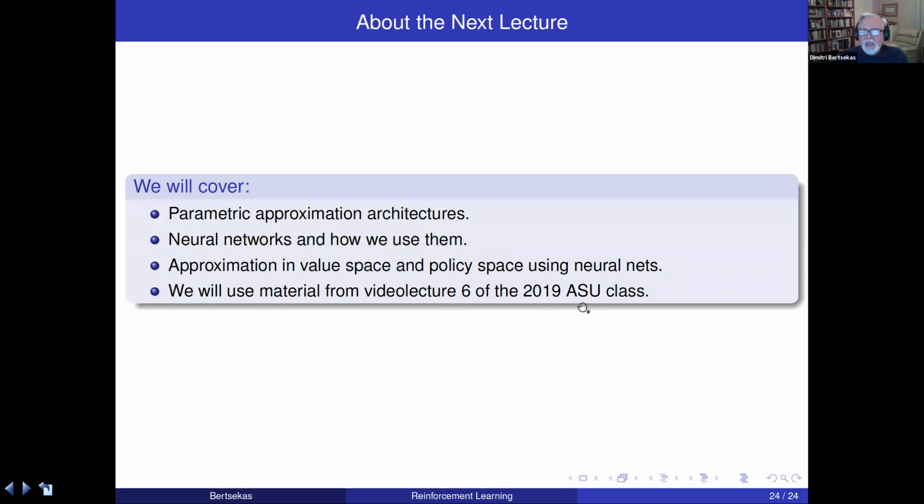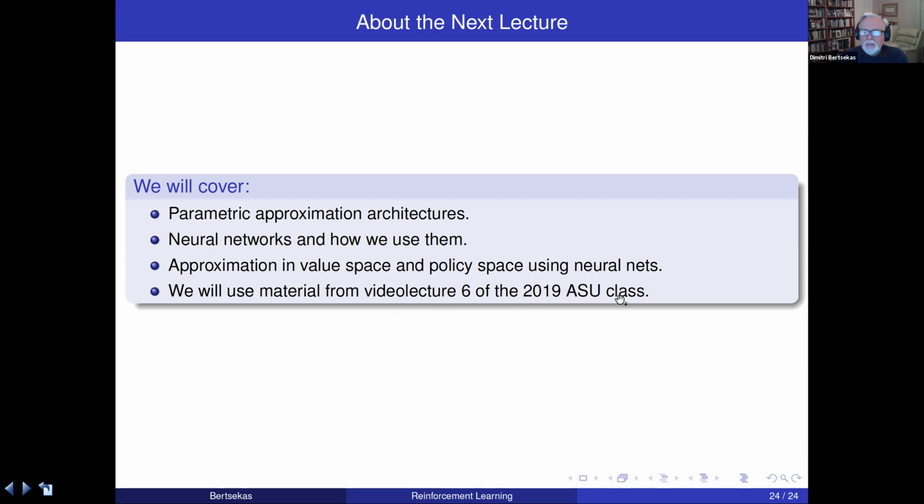Video lecture 6 from the 2019 offering of this course is very adequate for this material. I'm going to use some of this video lecture in my class next week, and I suggest that you take a look at the lecture before coming to class.